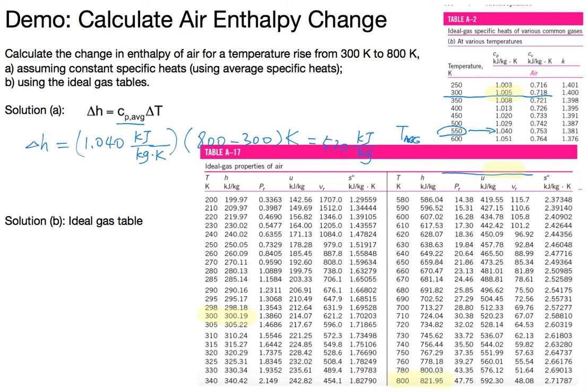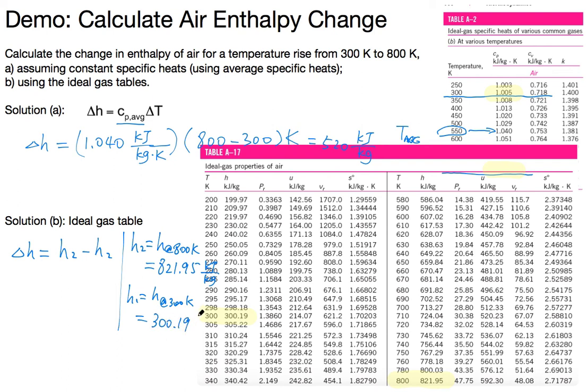We can write this directly, and delta H is equal to H2 minus H1, and then H2 is H at 800 Kelvin, which is 821.95 kilojoule per kilogram, and H1 is H at 300 Kelvin, which is from the table 300.19 kilojoule per kilogram.